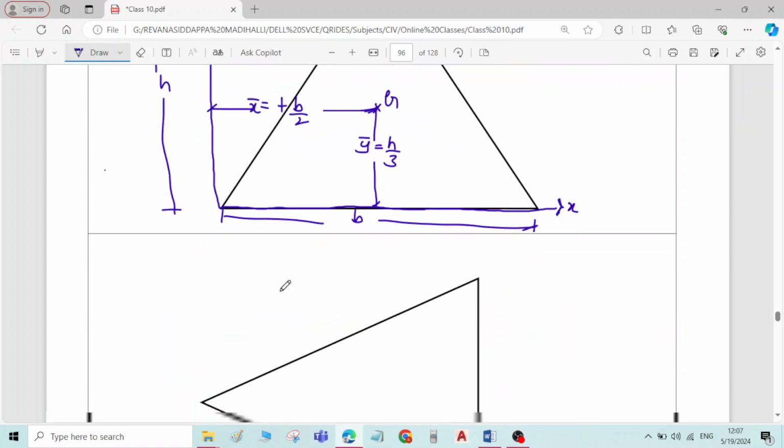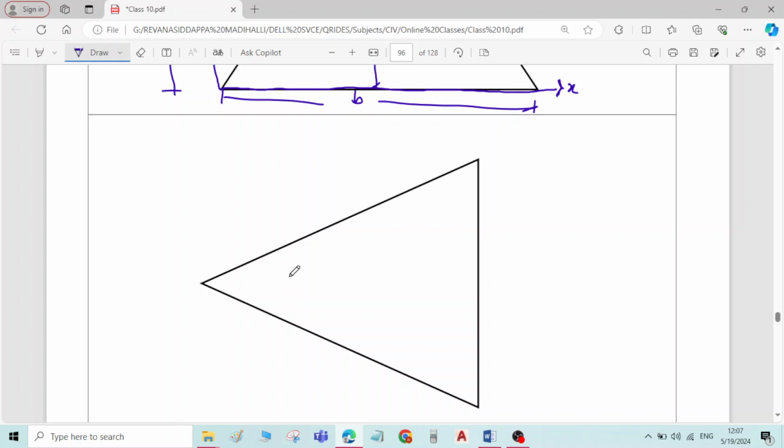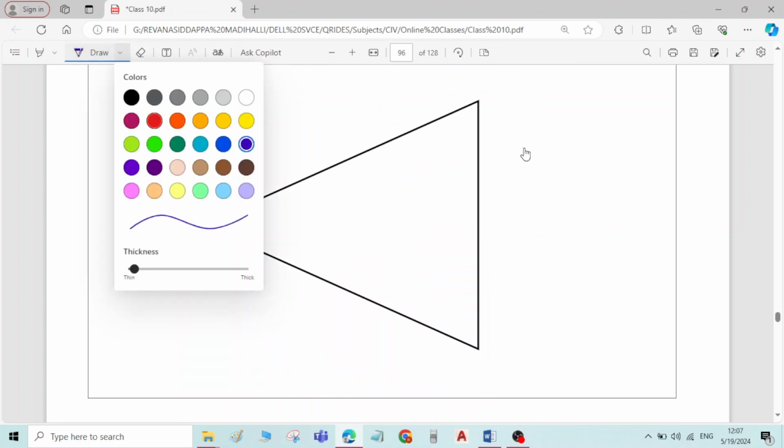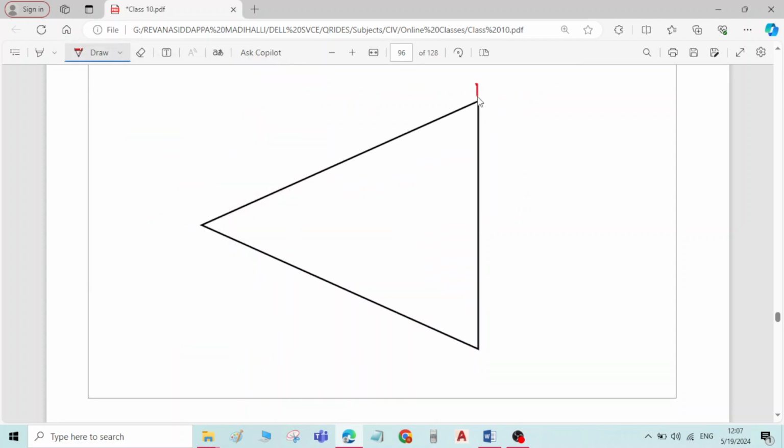Now I'll take the same triangle with a different orientation. Here I'll take the reference y axis and the reference x axis.